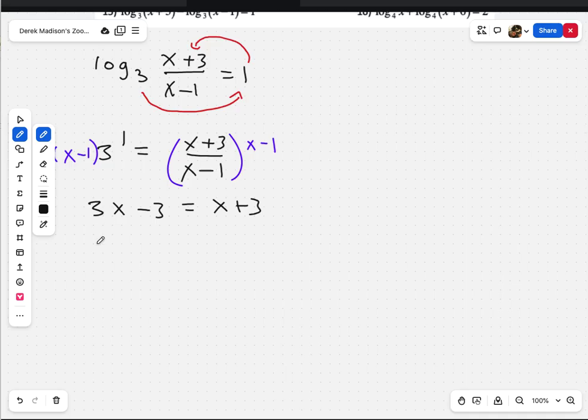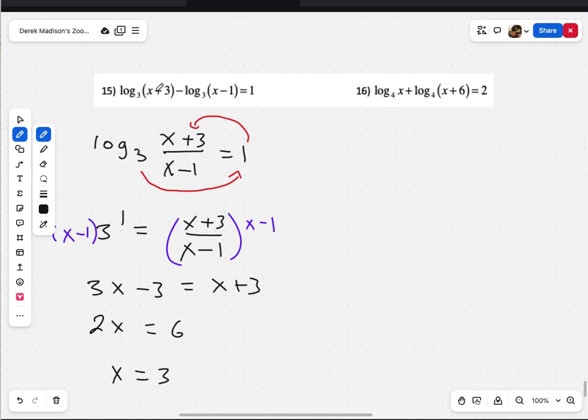Subtracting the x over, we'd have 2x. Adding this 3 over, we would get 6. Dividing both sides by 2, x equals 3. Looking back at the original equation, 3 plus 3 is 6, so it keeps this one positive. 3 minus 1 is 3, so it keeps that one positive. So that's a legitimate solution.